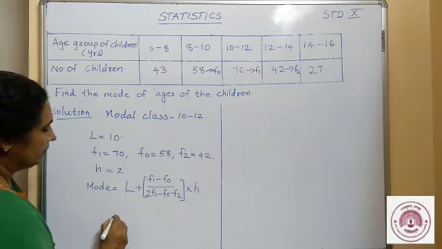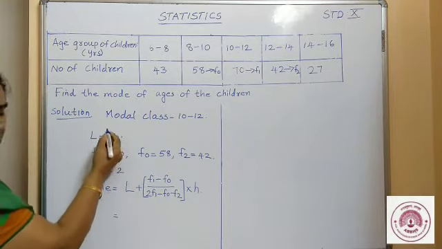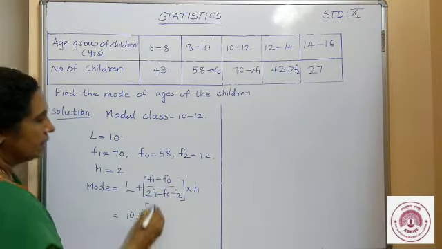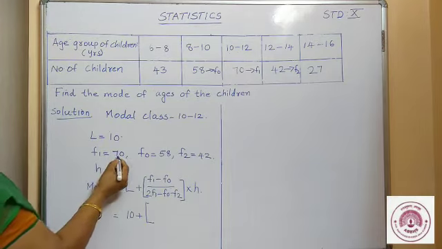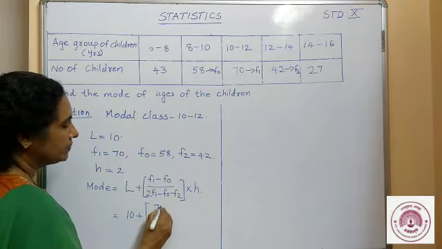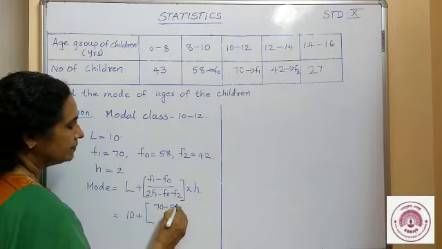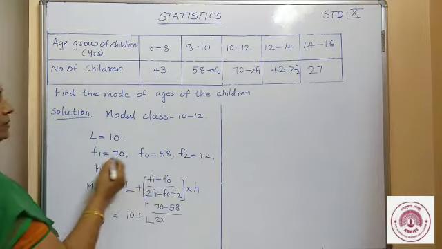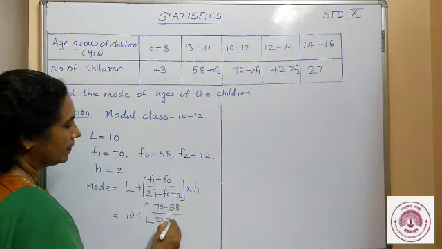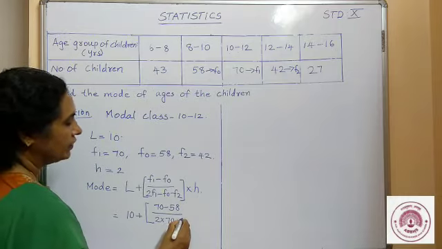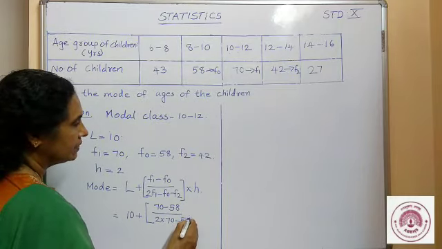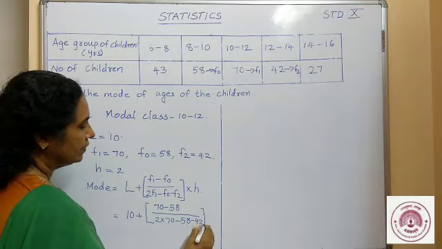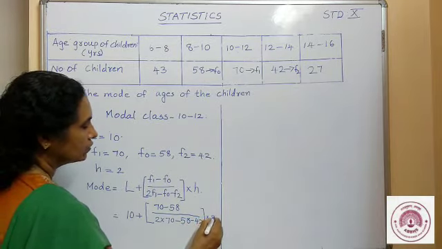This is equal to, what is L? 10, plus F1 minus F0, that is 70 minus 58, divided by 2 into F1, 70, minus 58, minus 42, into H, that is 2.